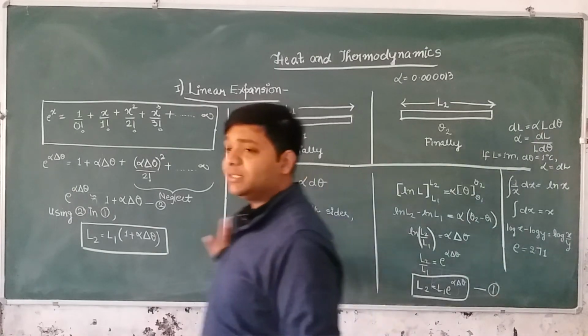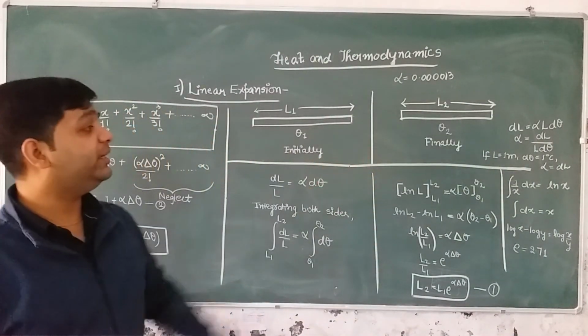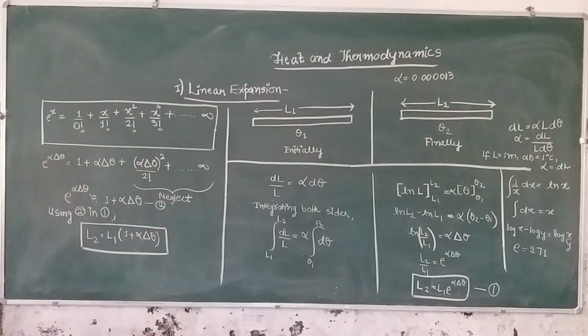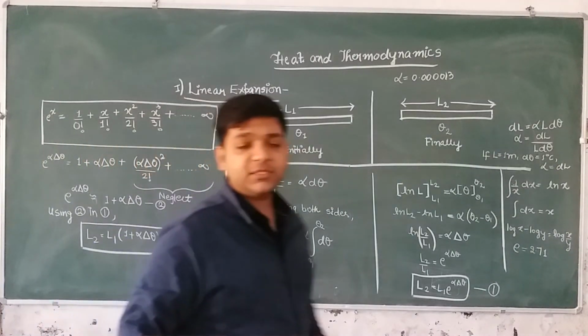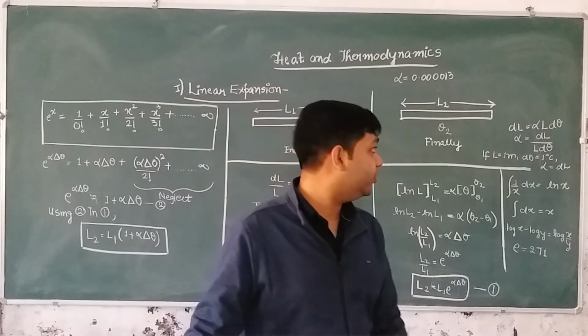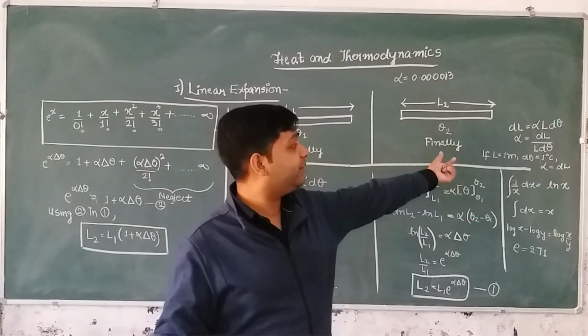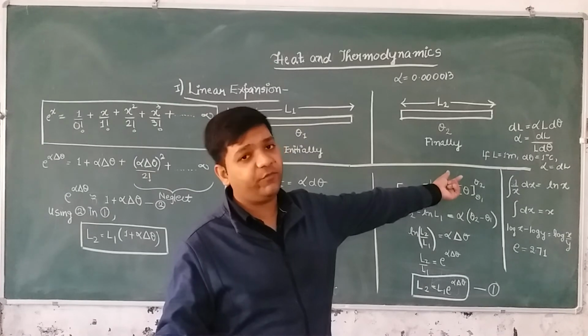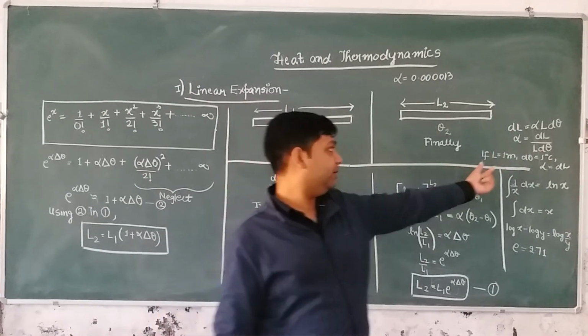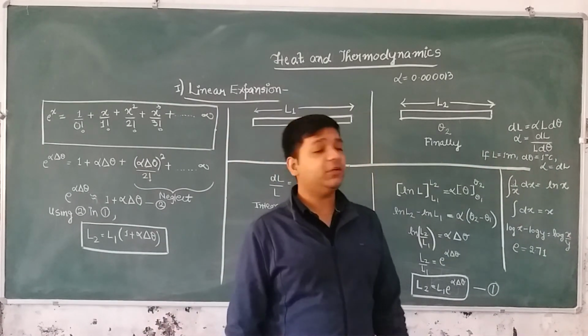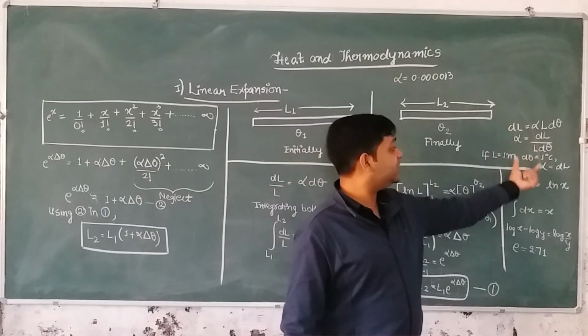So please copy this down and write down the definition of coefficient of linear expansion. Pause the video and write it down. I hope everyone has noted this down by pausing the video. Write down these 4 lines.